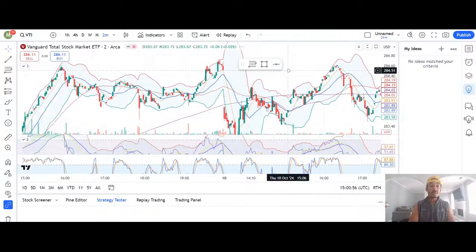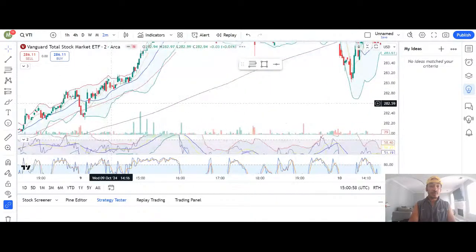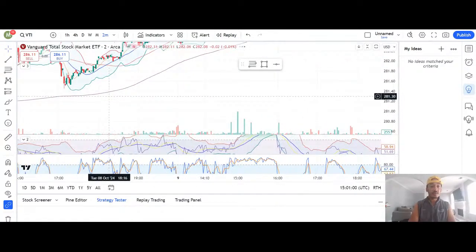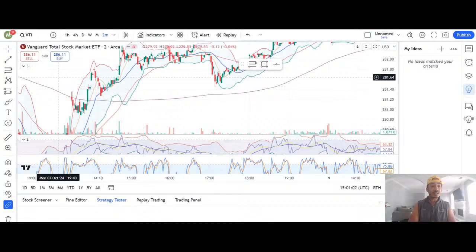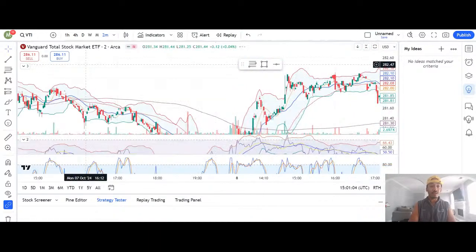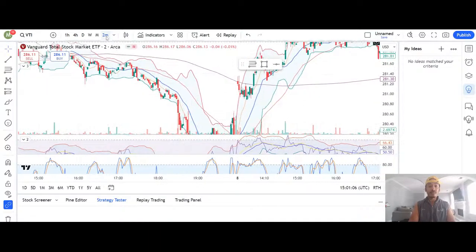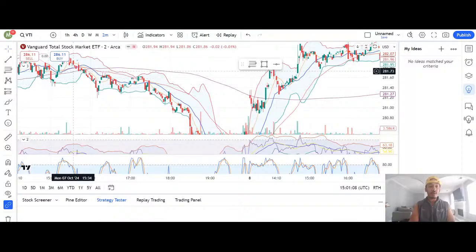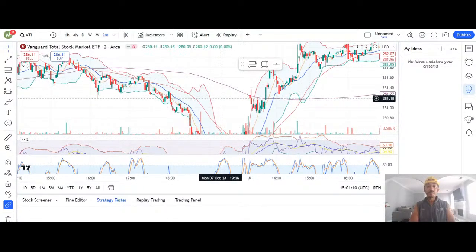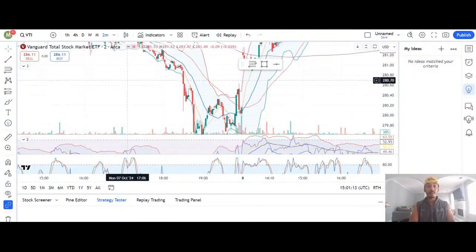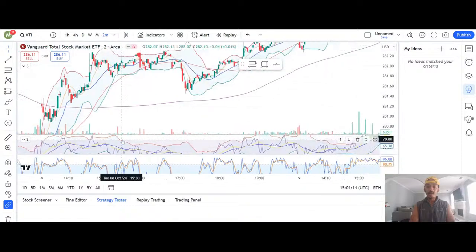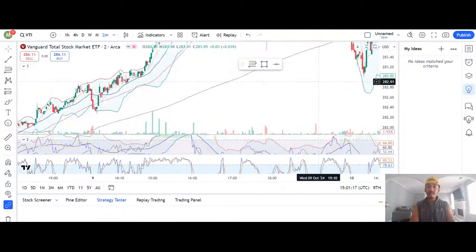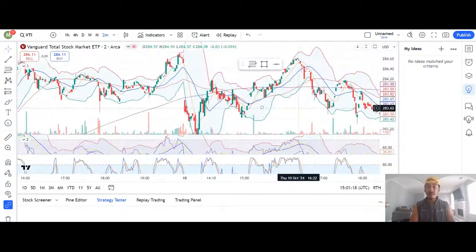And when it's sloped up, that means the stock market is trending up. So you also want to pay attention to the slope of the moving averages. Now, as you can see from here, it temporarily sloped down, and the stock market went down. Now it's sloped back up, and the stock market is going up.